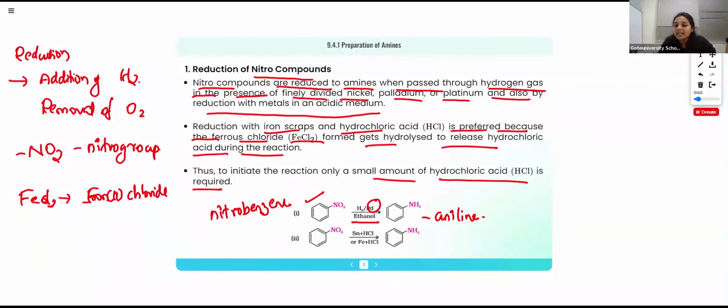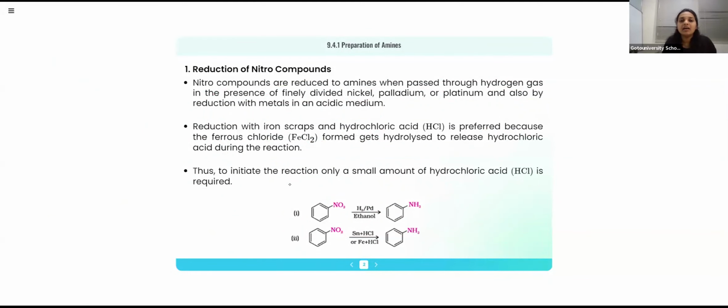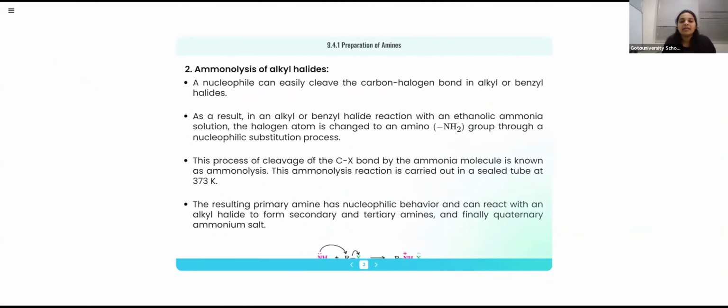The second one is treating with iron scraps and hydrochloric acid, where the ferrous chloride formed gets hydrolyzed to release hydrochloric acid during the reaction. Okay, so this is the second reaction. To initiate the reaction, only a small amount of hydrochloric acid is required. Got it? So this is the method of preparation from nitro compounds.